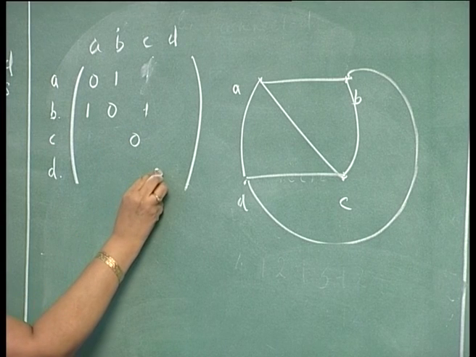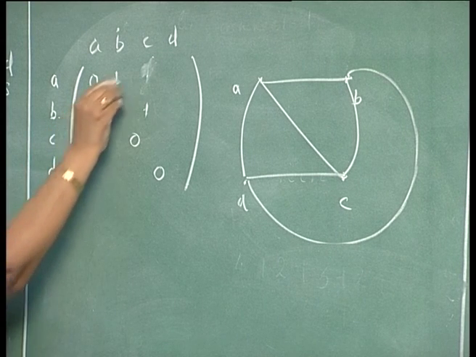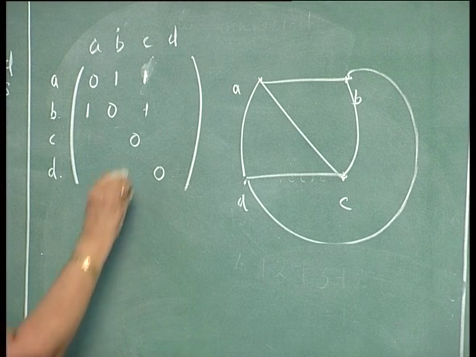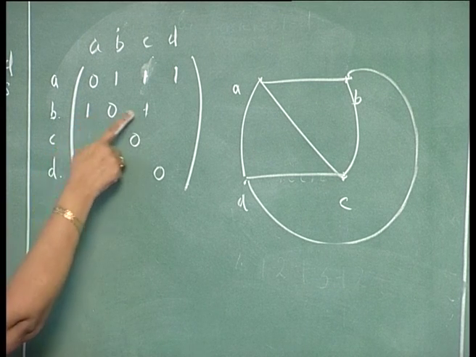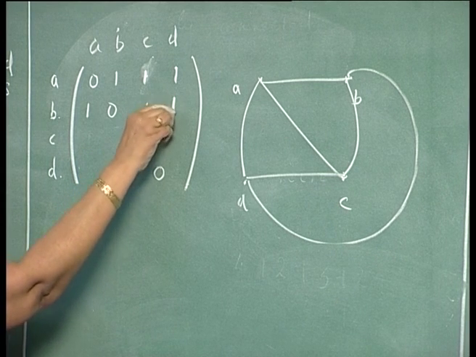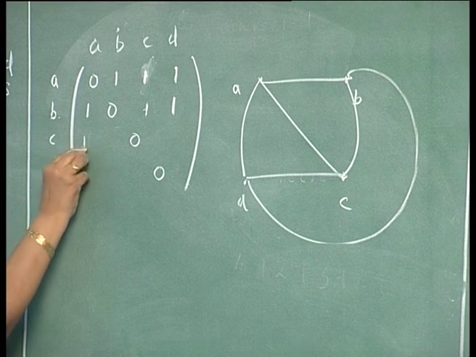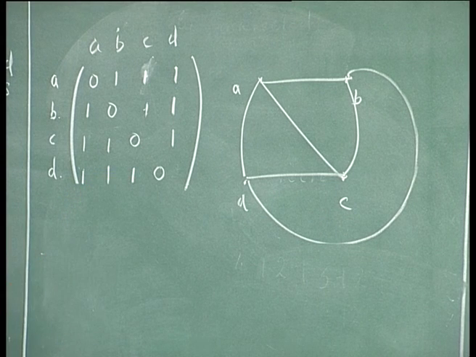If self loop is there, you will have a 1 in the diagonal. There is an edge between A and C, so 1. There is an edge between A and D, that is again 1. There is an edge between B and A, B and C and B and D. This example happens to be like this.